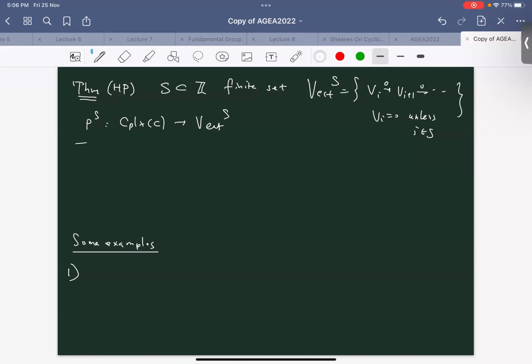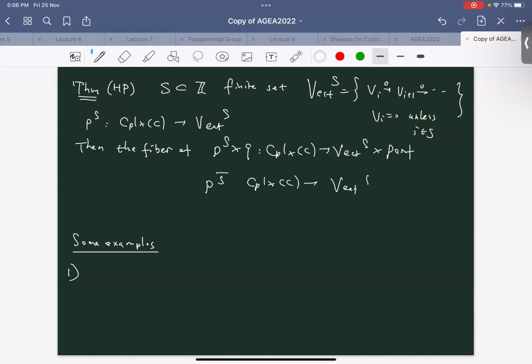Okay, so then the conclusion is the fiber of the map P_S cross Q and the map from complex S C to vector S bar, where S bar means complement, are zero shifted Poisson substacks.